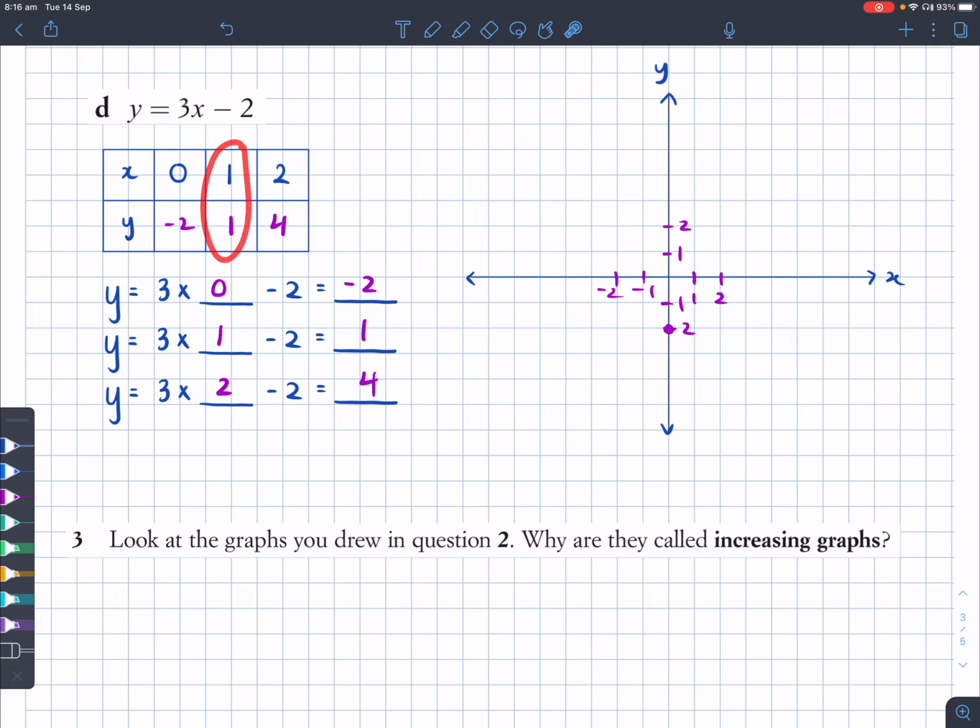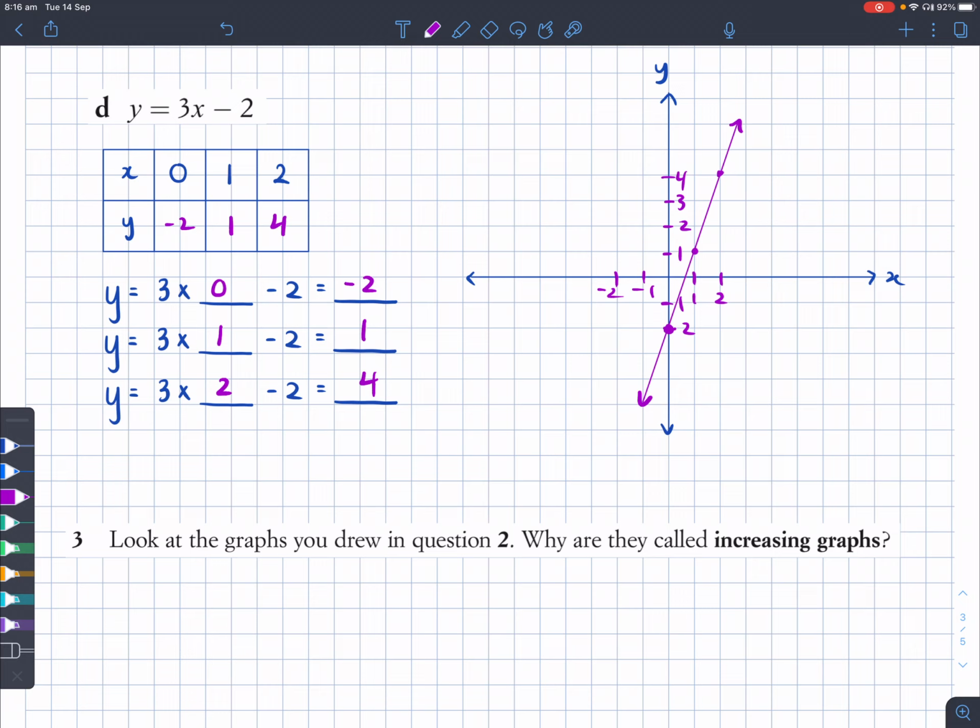Then our next coordinate is 1, 1. So 1 to the right and 1 up. That's here. And then 2, 4 will be 2 to the right, 4 up, which is there. So again, draw a straight line. And there's your linear graph of y equals 3x minus 2.